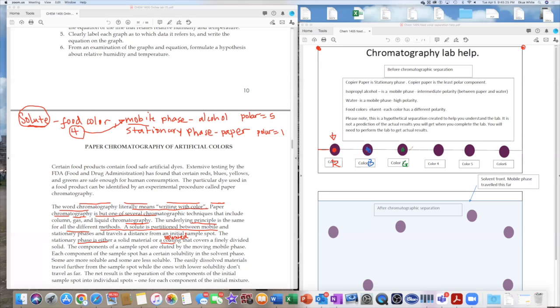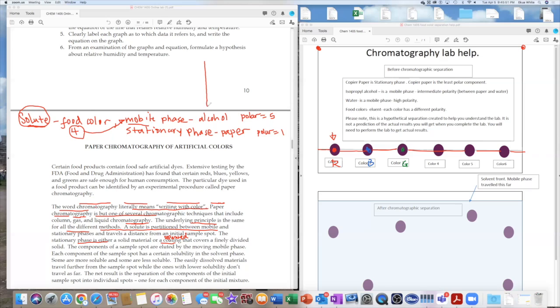Once you allow these to dry, you're going to make sure that you mark the level where you put these dots. You want to mark the starting point so we can figure out how far these spots are going to move, right? These colors you've placed here. Then, of course, you're going to place this rolled up piece of paper with your color spots in a beaker.